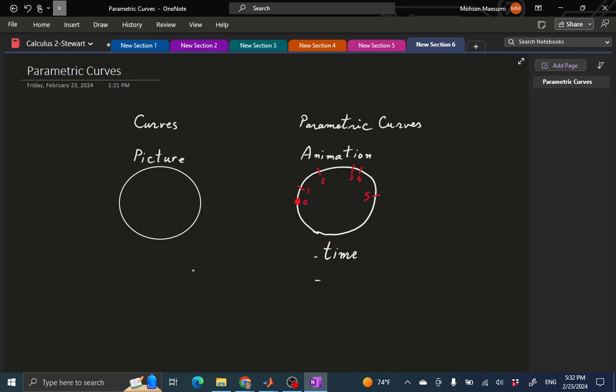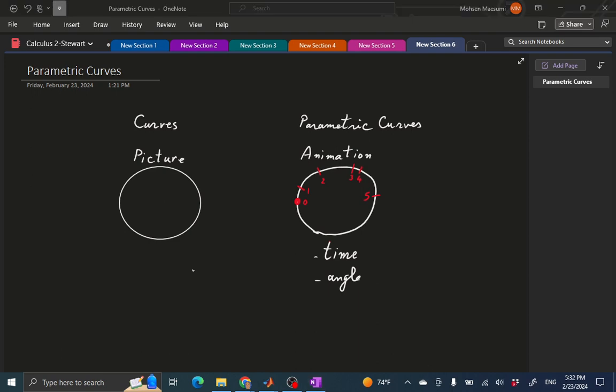For example, you can use angle. So for example, if you have the minute handle of a clock and it is turning around, you can say what its location is going to be when it's making a 30-degree angle with respect to 12 o'clock and such.